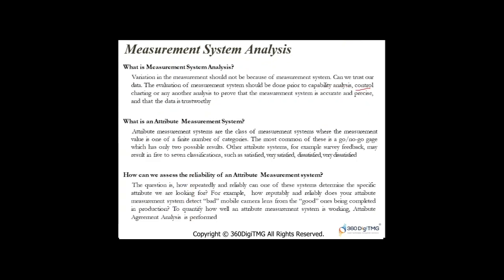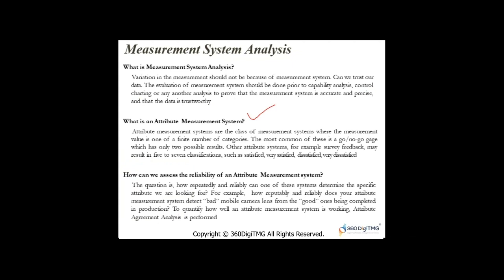So measurement system evaluation should be performed before your capability analysis, before control charting, and before any other analysis to prove that the measurement system is accurate and precise, and to prove that the data is trustworthy. Yeah. But how do I do this? And before that, what is attribute measurement system?